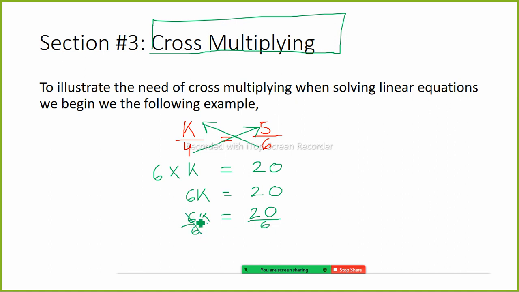So after we divide both sides by 6, we know 6 divided by 6 is k, and 20 divided by 6 is what? What is 20 divided by 6? 3.33, if you represent it in terms of a decimal.